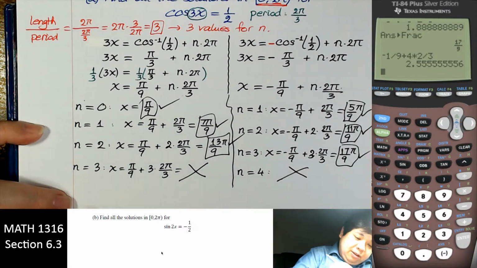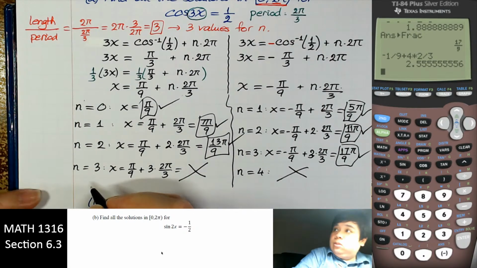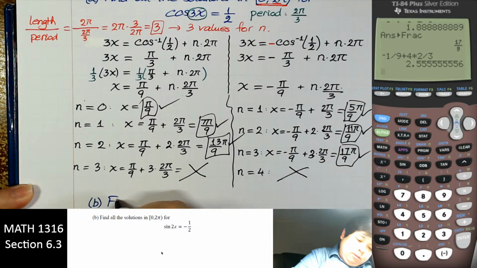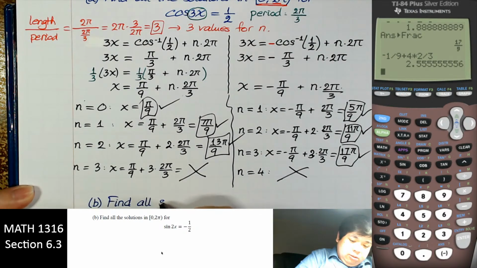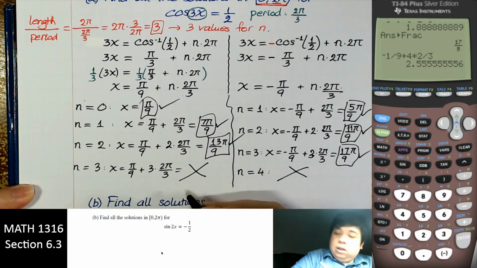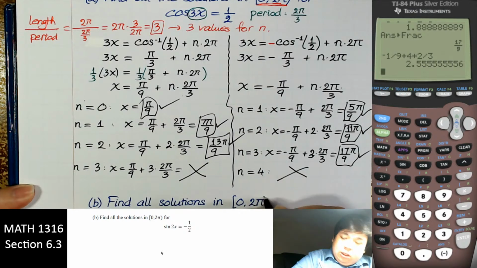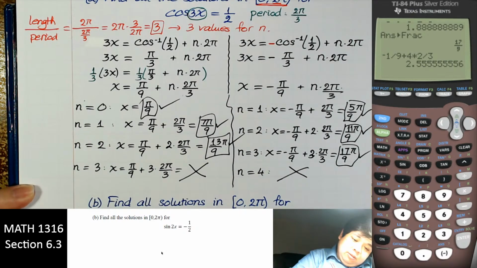Next, find all solutions in 0 and 2 pi for sine of 2x equal to -1/2.